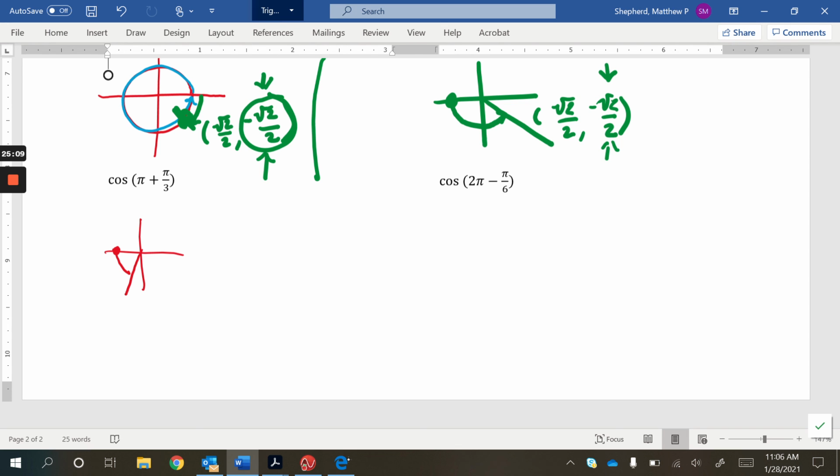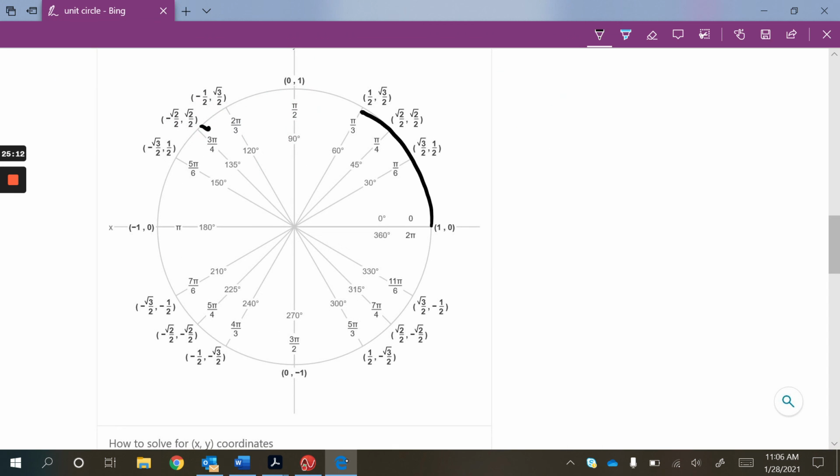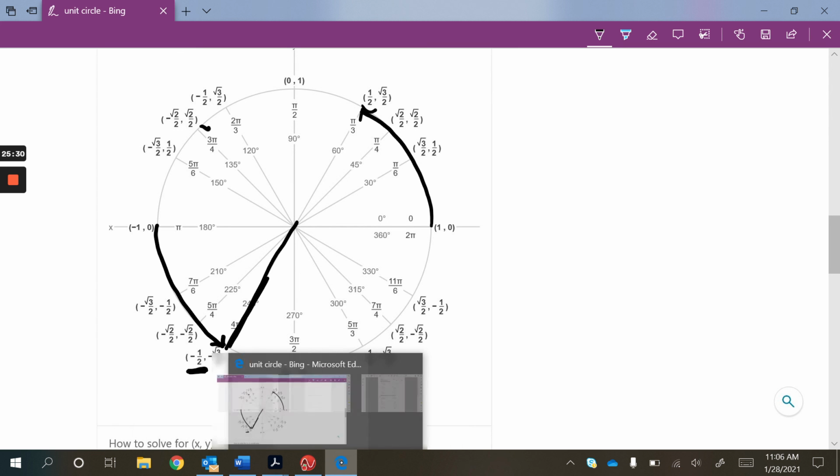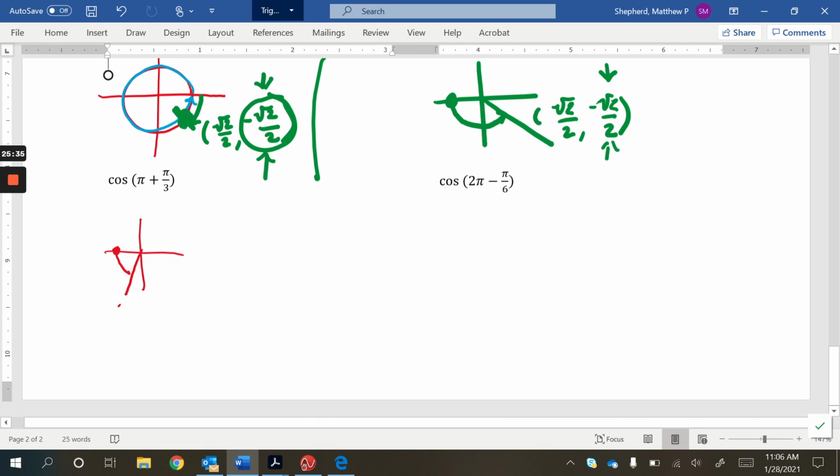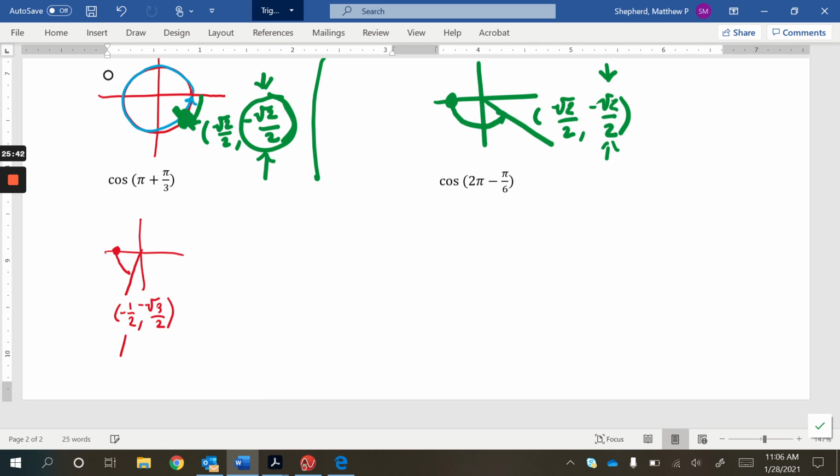Okay, so that's 60 degrees past the pi. Notice, same distances, just we had started at a pi with this one, would bring me right here. And we wanted the cosine, -1/2. Okay, because we got -1/2 and -√3/2, but it's cosine, so we wanted that x.